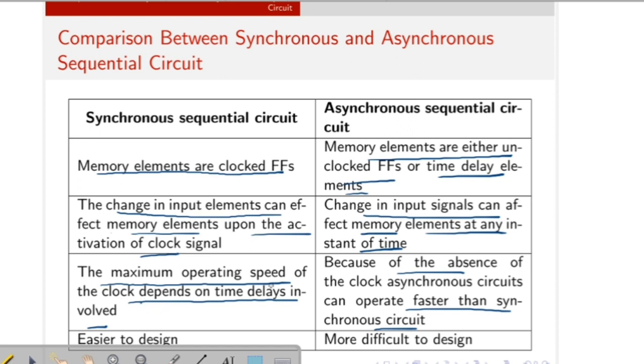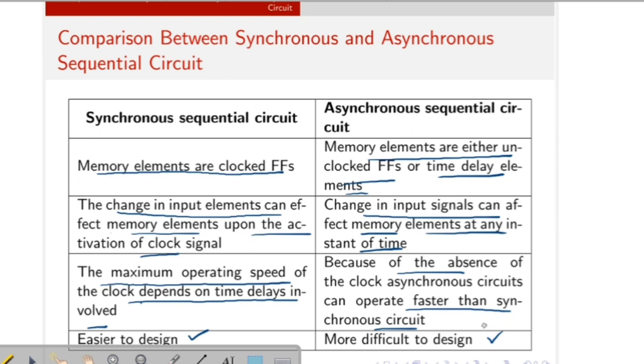But in an asynchronous sequential circuit there is no clock signal, so it can operate faster than a synchronous sequential circuit. Then synchronous sequential circuits are easy to design, but asynchronous ones are more difficult to design. So these are the differences between the synchronous sequential circuit and the asynchronous sequential circuit.